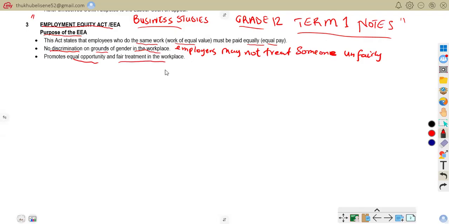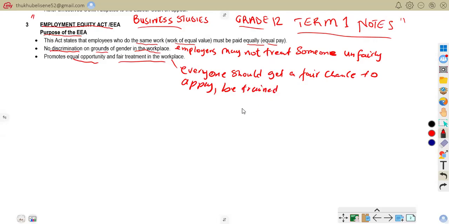Promotes equal opportunity and fair treatment in the workplace, meaning everyone should get a fair chance. Everyone should get a fair chance to apply, be trained, get promoted, and work without unfair bias.